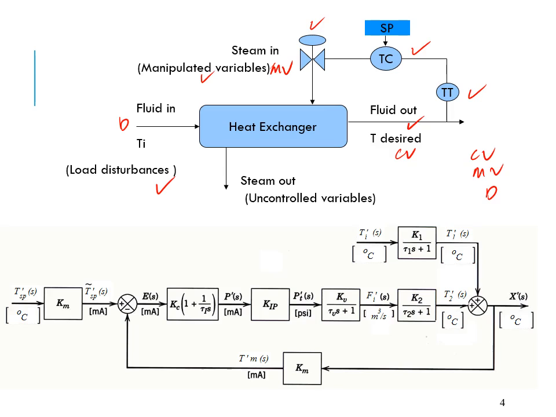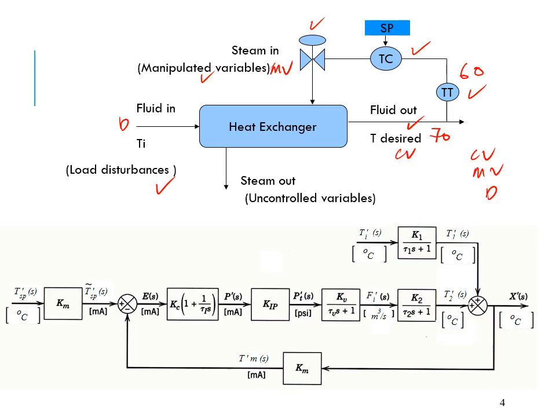When temperature deviates from its set point, the deviation signal will be measured by the transmitter. For example, the set point is 70 and it reduces to 60.